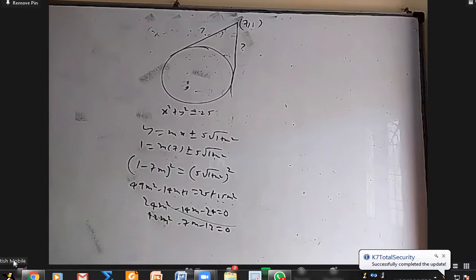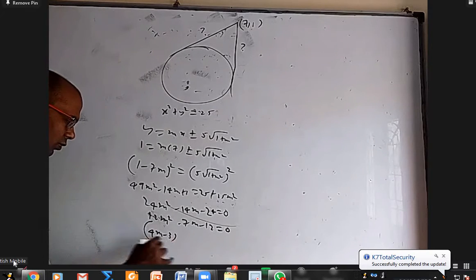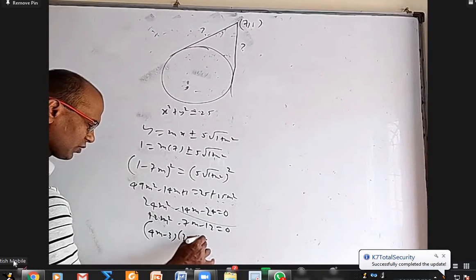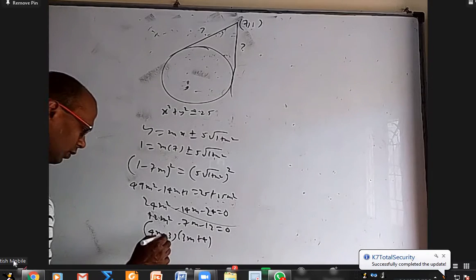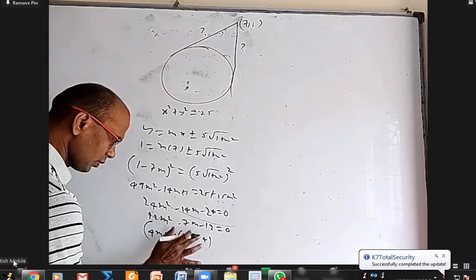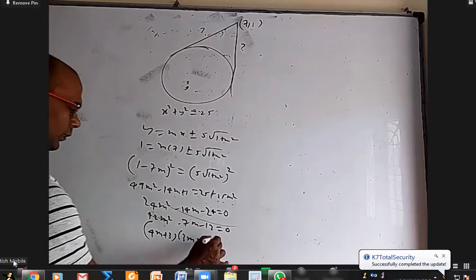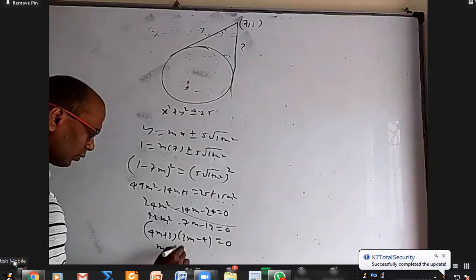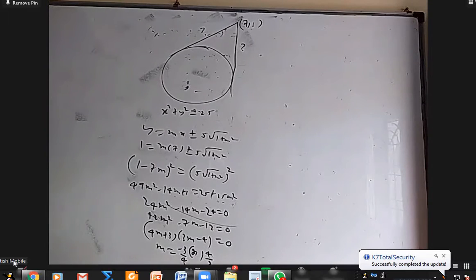Minus 16 plus 9. So (4m minus 3)(3m plus 4). Plus here and minus here. Okay, so we get m is equal to minus 3 by 4 or 4 by 3. There are other ways to do it, but it is better here like this.